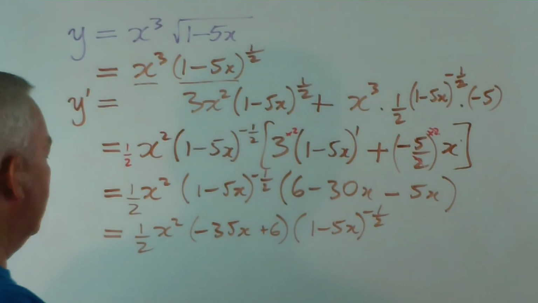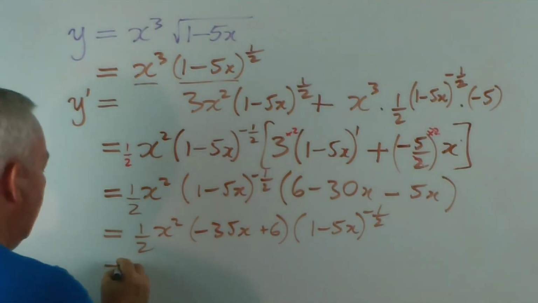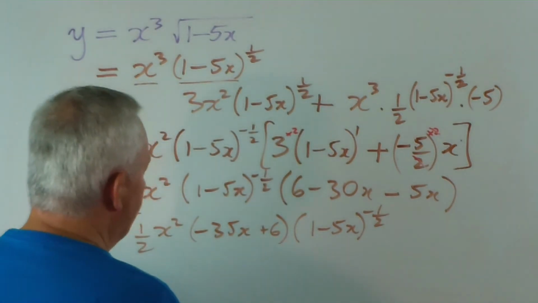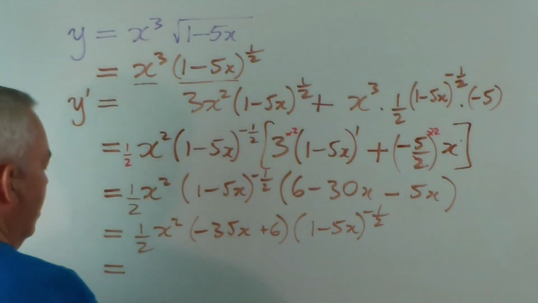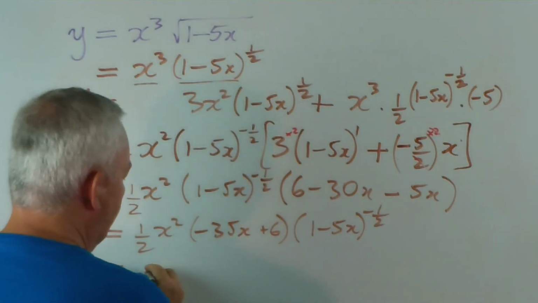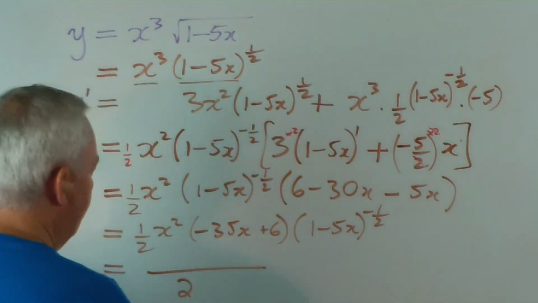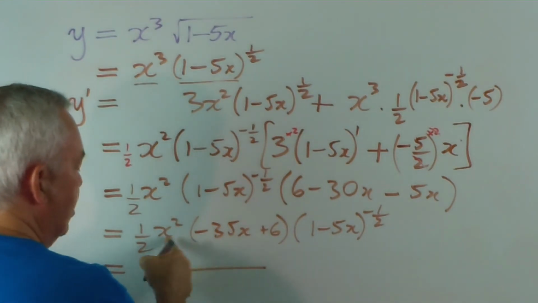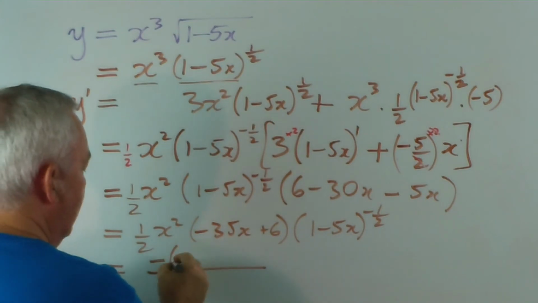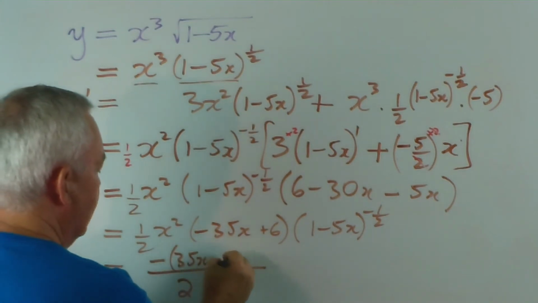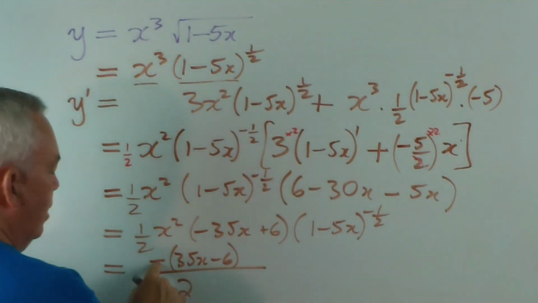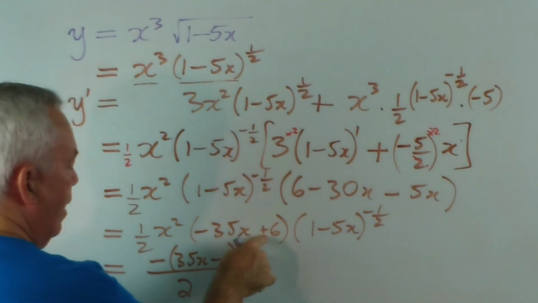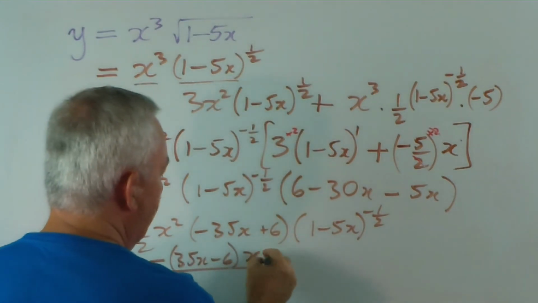Now, if we really wanted to tidy that up, there are a few steps I would do. I would take the negative sign out of this and put it at the front. I'll leave the half as the 2 on the bottom. So let's write this with the 2 on the bottom, the negative sign out the front, and because that's simpler than this, it's a lower power at least, this will be 35x minus 6, negative 35, there it is, and minus 6 is plus 6, and I'd leave the x squared over here.